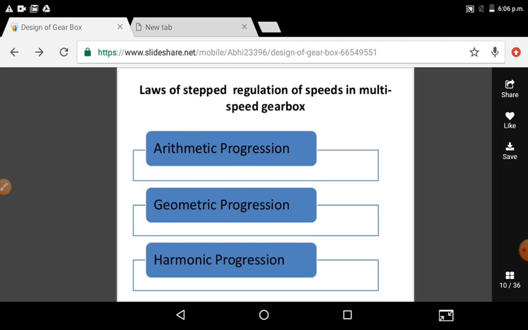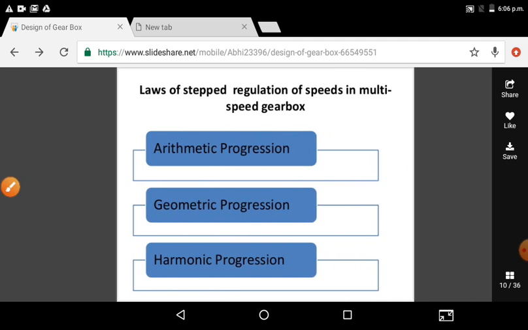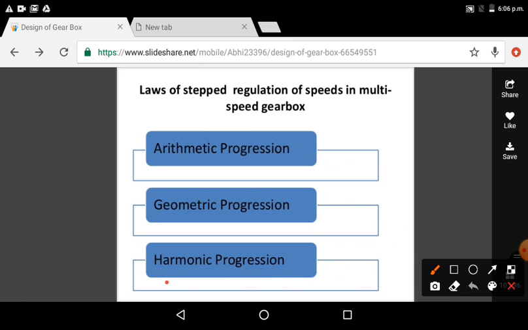Now if we take the harmonic progression, then this is spindle number 1, spindle number 2, spindle number 3, and spindle number 4, right? Now we have to take the reciprocal of the spindle speed.